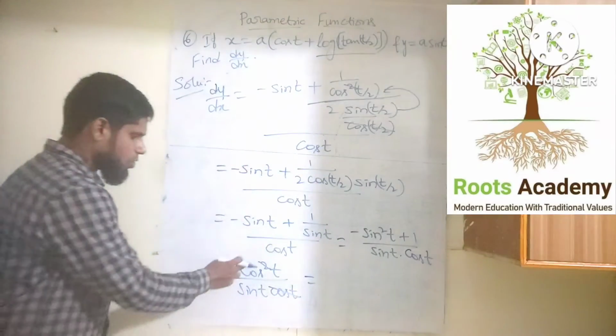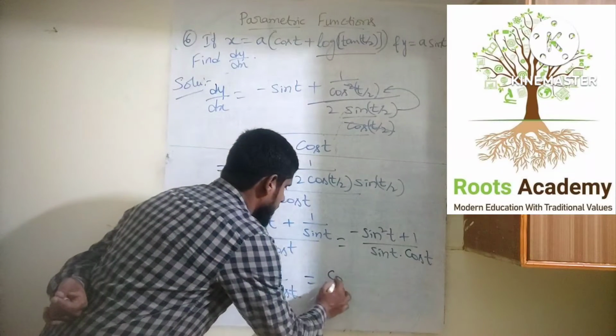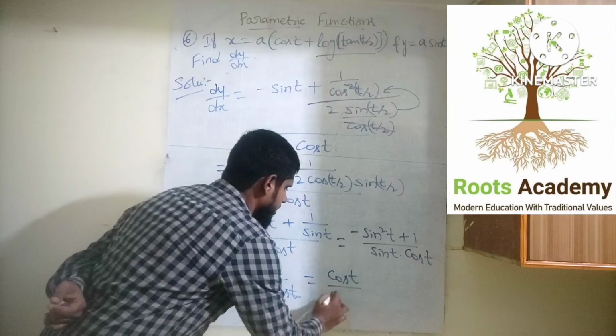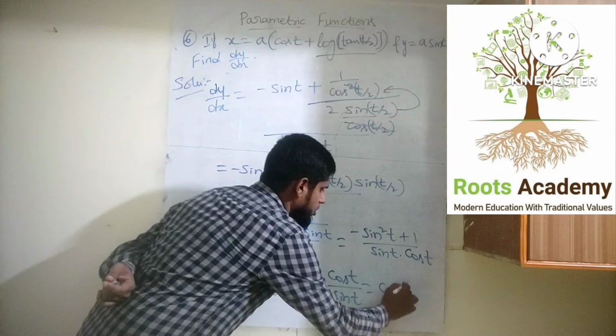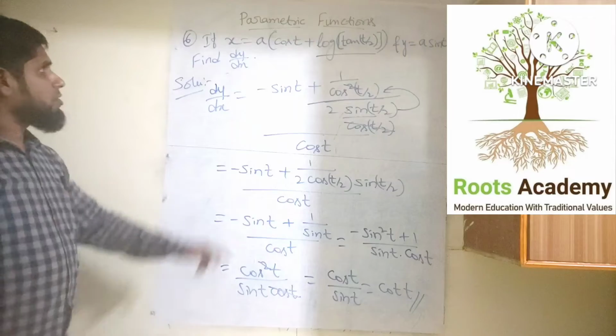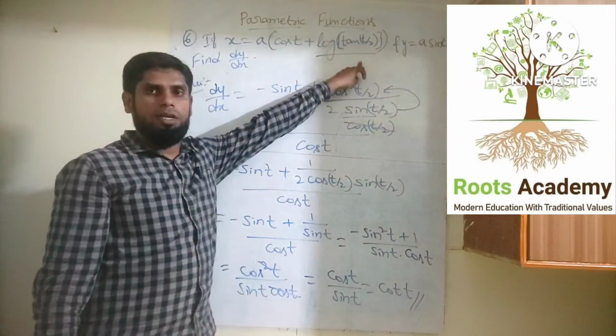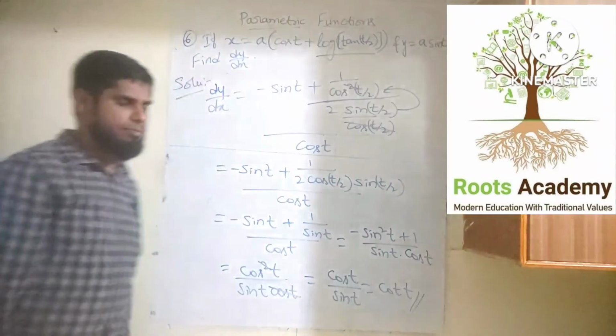Finally I got cos in the numerator and sine in the denominator, so that is cos t by sine t. Finally, cot t is the answer. So students, for this function, dy by dx is cot t.